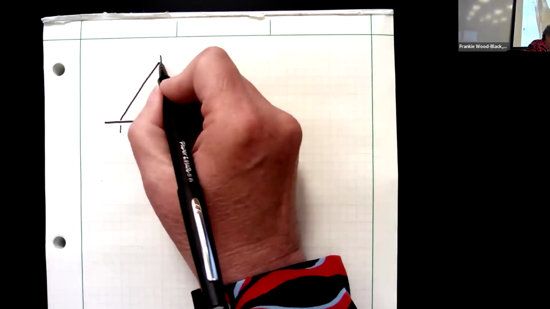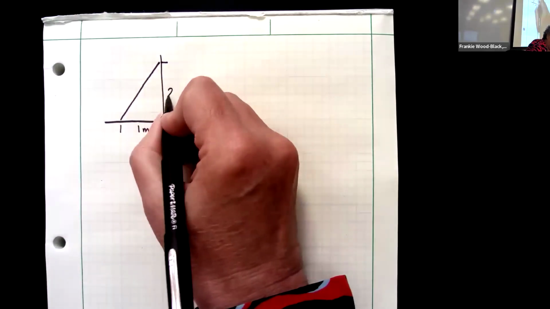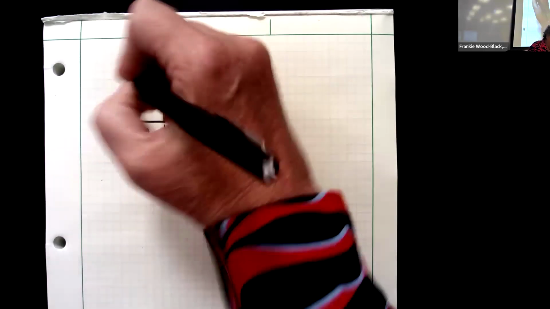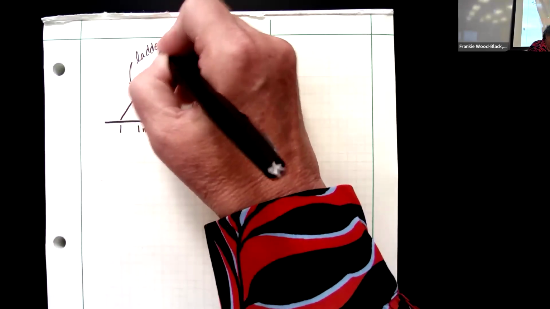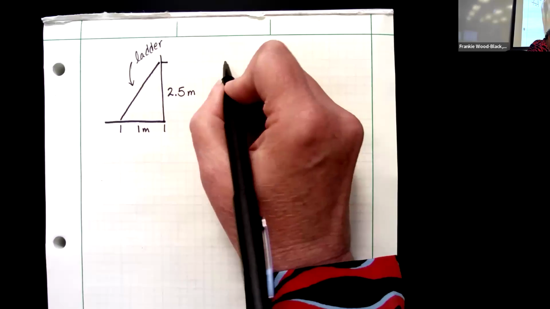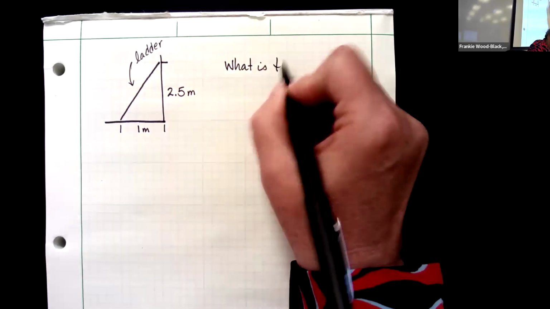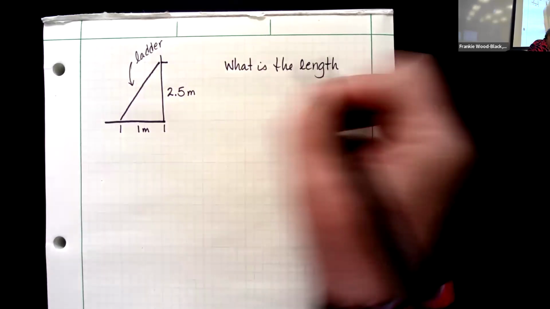And I do know, because I do this all the time, that that height is 2.5 meters. So this is my ladder. What is the length of the ladder?